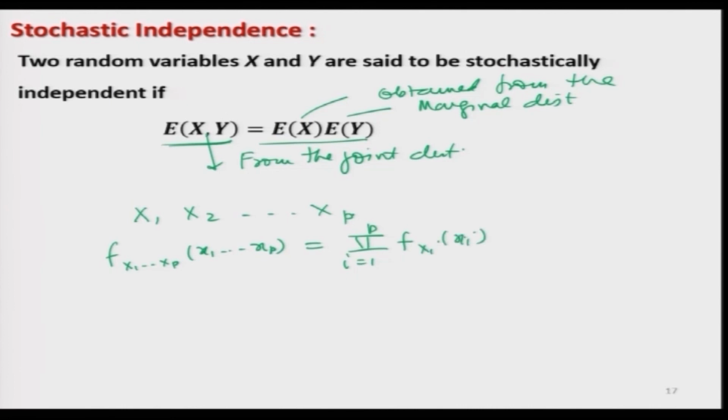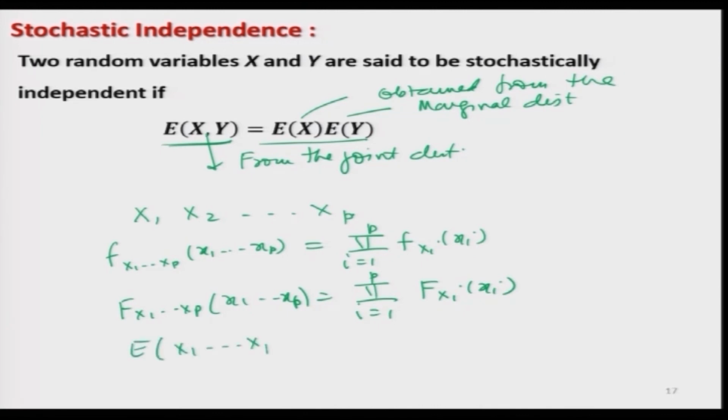That means the marginal probabilities are obtained for each of the variables and then their product is taken. And if you want to write in terms of the joint CDF, this has to be written as the product of their marginal CDFs. And similarly, in terms of expectation, the expected value of x1, x2, up to xp can be written as the product, i goes from 1 to p, of the expected value of xi. So, this is all about stochastic independence.